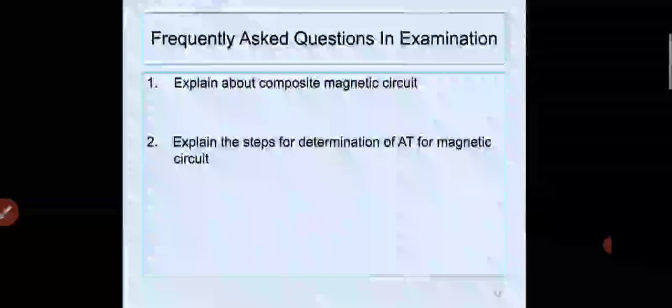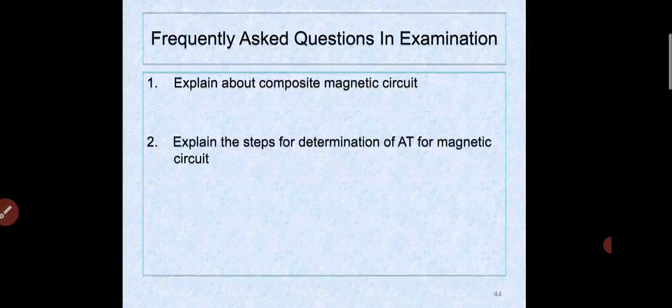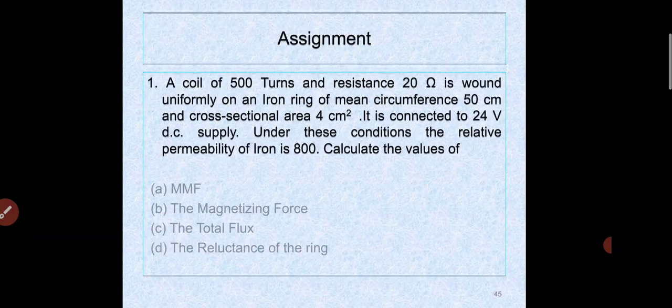First, explain about composite magnetic circuit. Second, explain the steps for determination of ampere turns for a magnetic circuit.